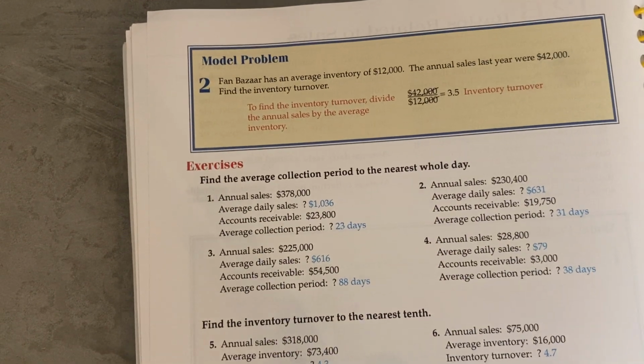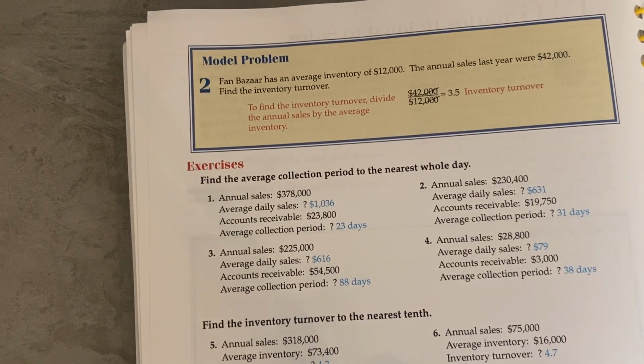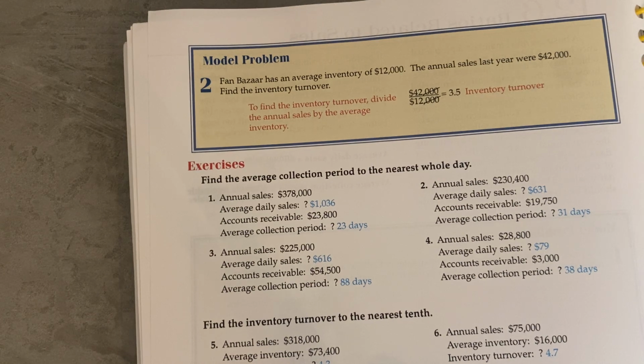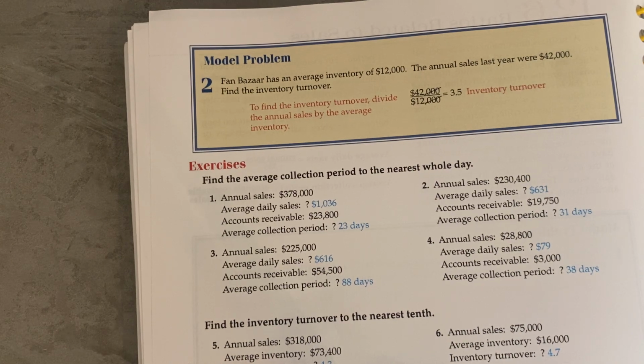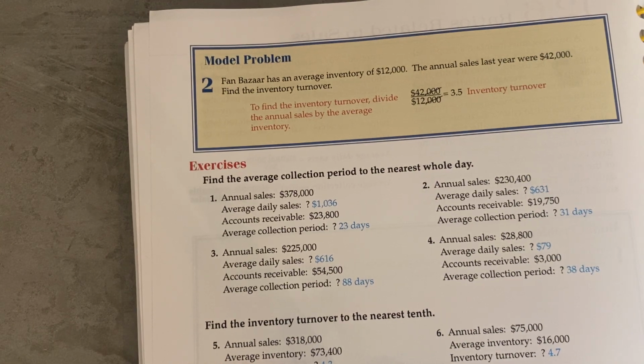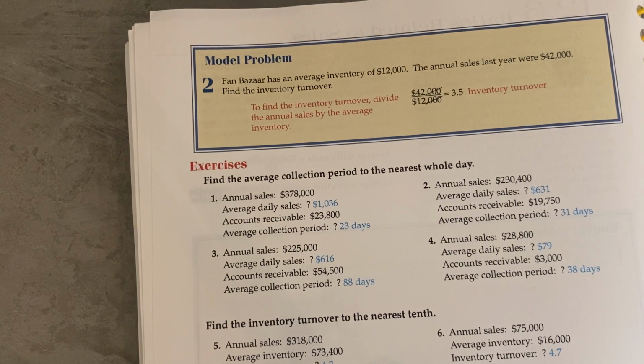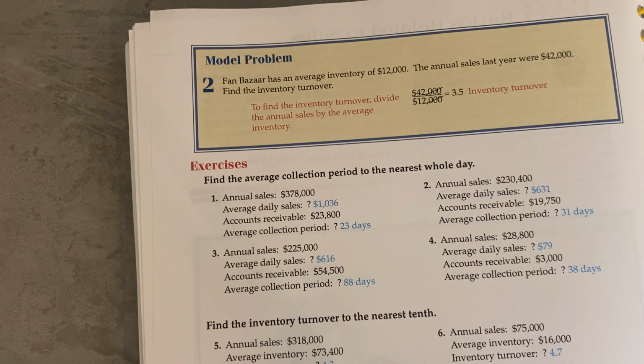Fan Bazaar has an average inventory of $12,000. The annual sales last year were $42,000. Find the inventory turnover. Basically you divide the annual sales by the average inventory, and you get 3.5 inventory turnover.